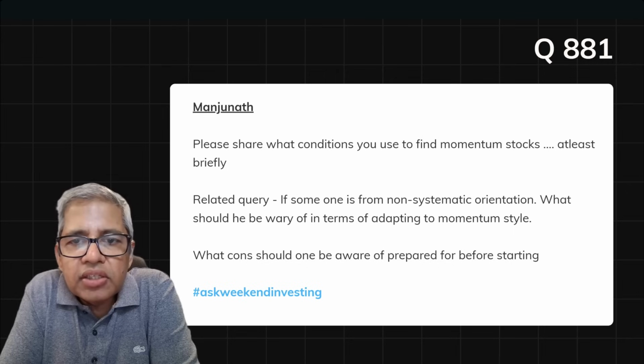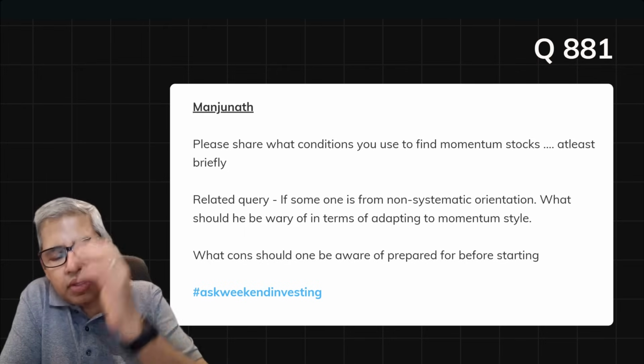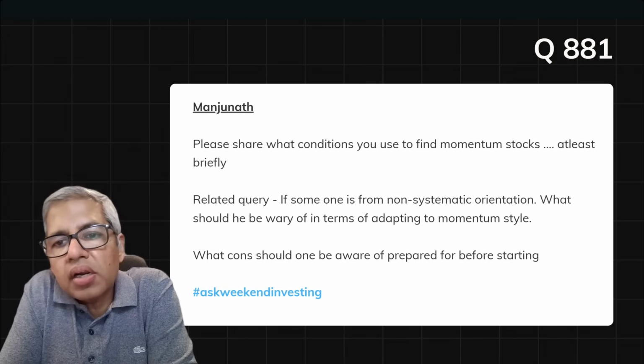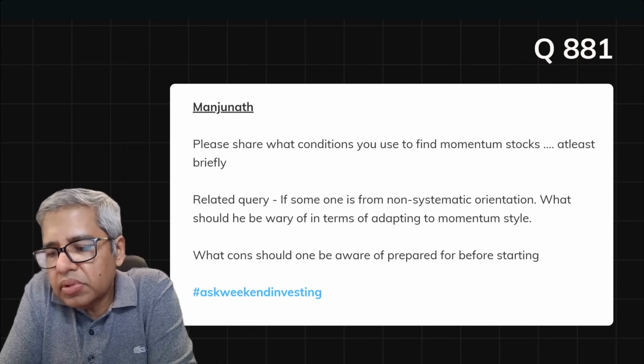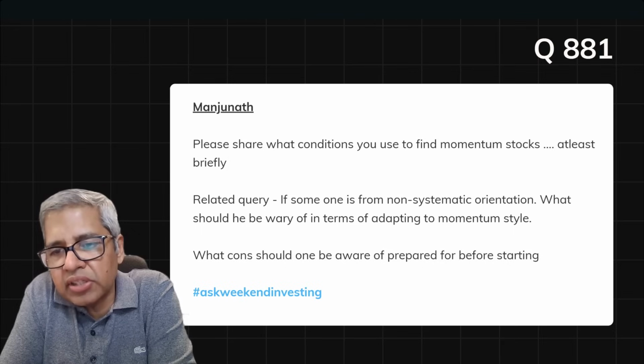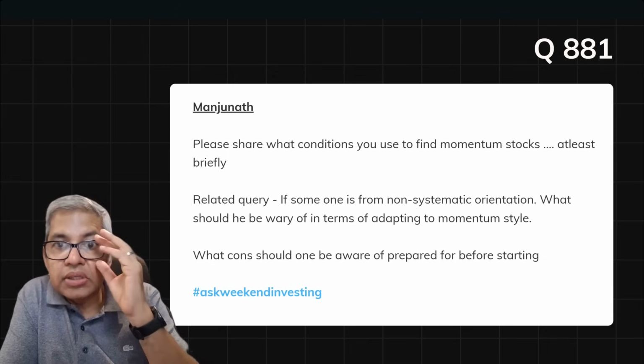Related query is that if someone is from a non-systematic orientation, what should he be wary of in terms of adapting to the momentum style? So when you are coming from a non-systematic orientation, typically you will find that following a momentum strategy will give you some uneasy time, because in your previous role you were in full control over your decisions, and in a non-discretionary strategy like momentum investing, you would basically have to follow what the system is telling you to do.